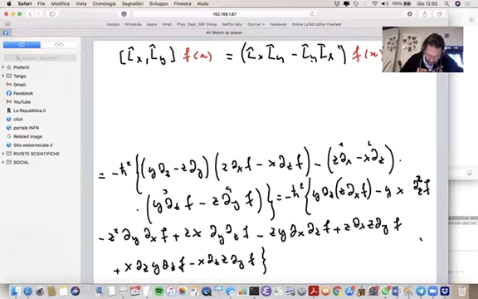Same thing here. z can be moved across. So instead of z, I can write z squared.